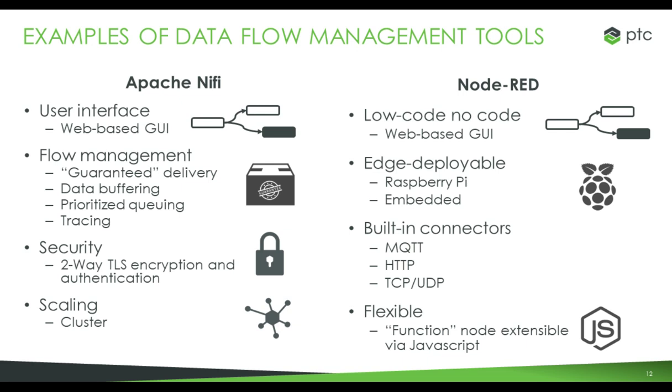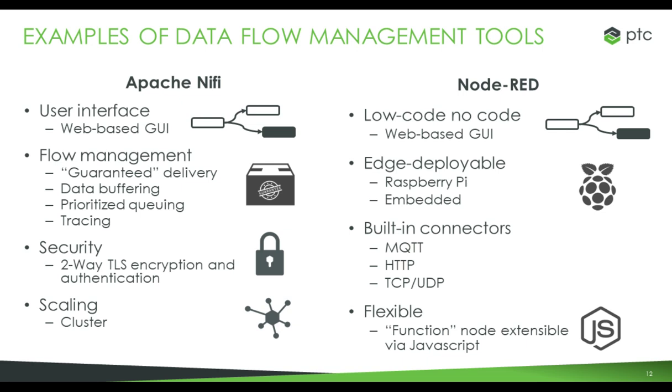And then Node-RED, on the other hand, is very user-friendly, easy to get started with, and it does have this tool around the function node, which is really just a node that allows you to input JavaScript and do pretty much anything. So a very flexible solution. Doesn't allow as granular control as NiFi. So hopefully this just helps crystallize what we're talking about here.